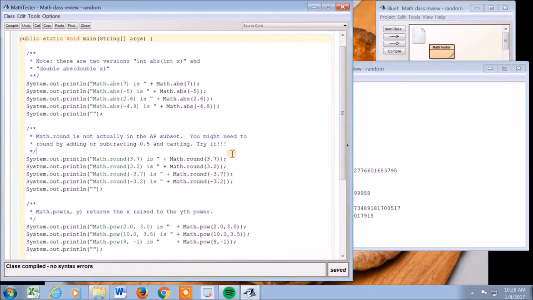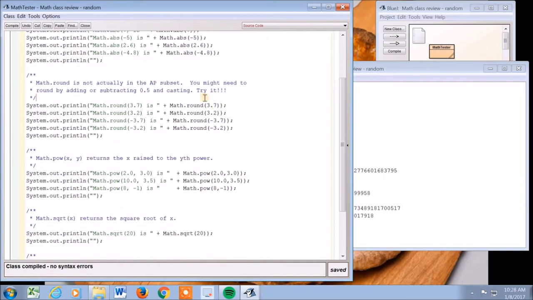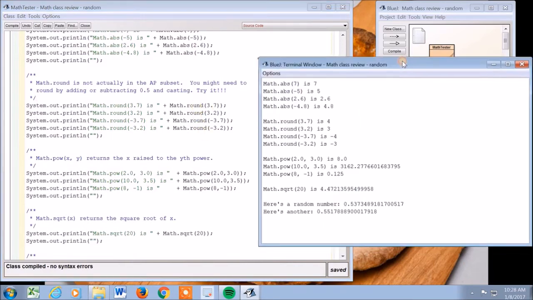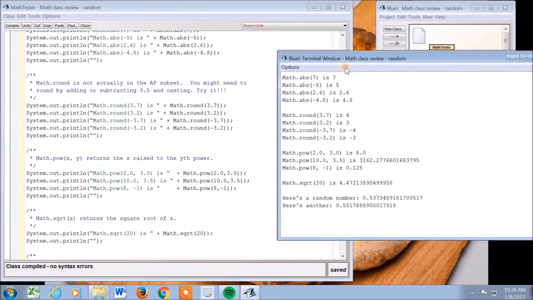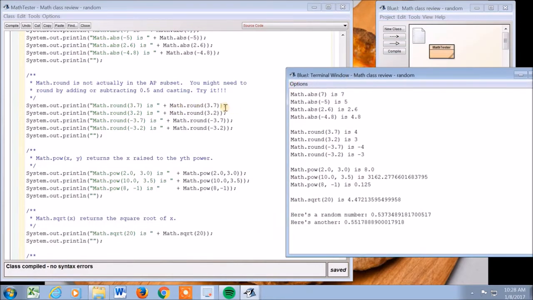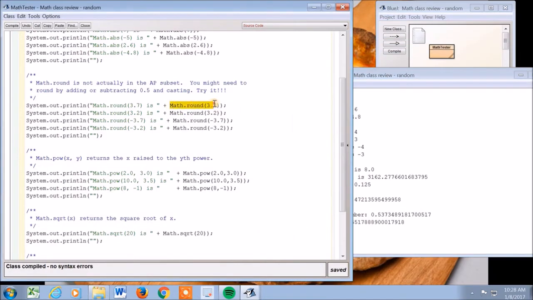Math.round, now I'm including math.round here because it's not actually part of the AP subset, so technically you're never going to need to use round, but I have seen questions that ask you about rounding using another method for doing so. You get the same effect as rounding if you add 0.5 to the number and then cast it.